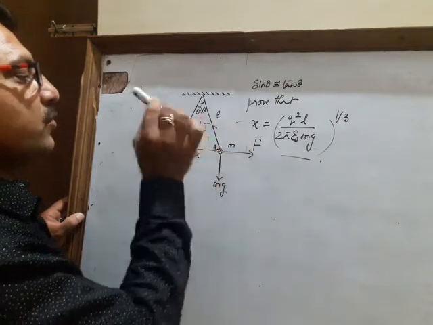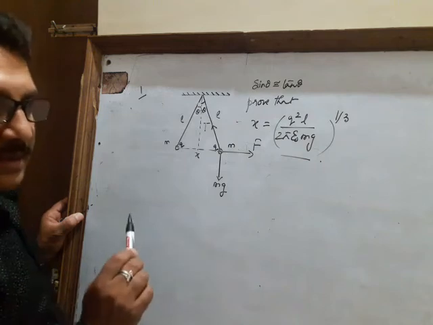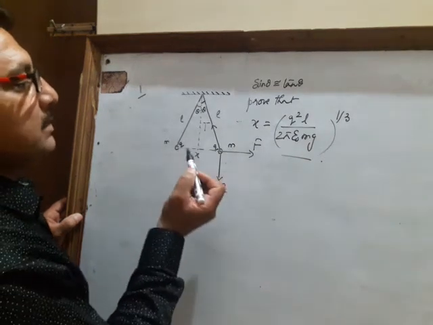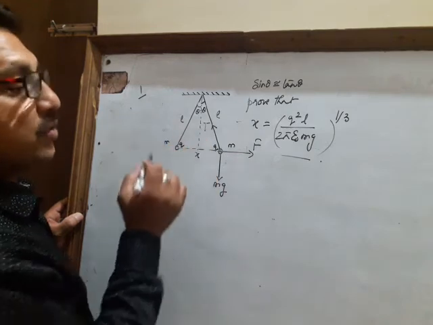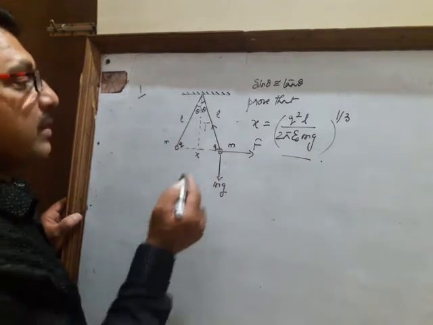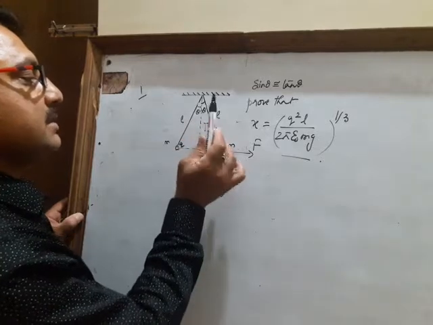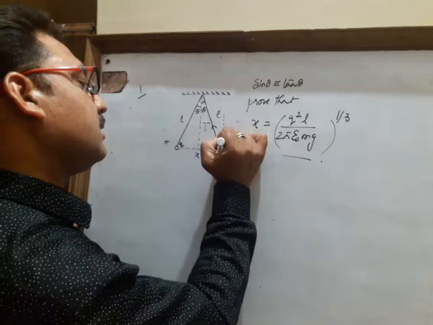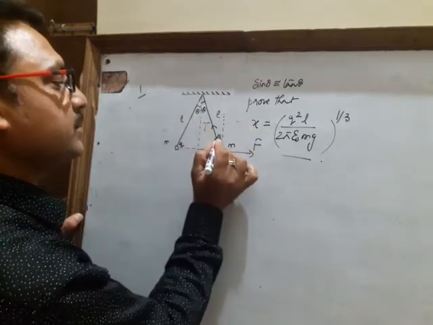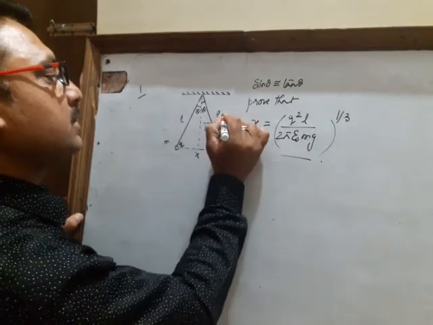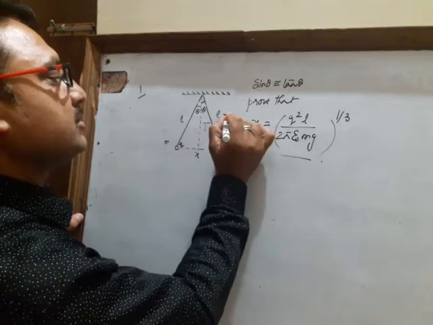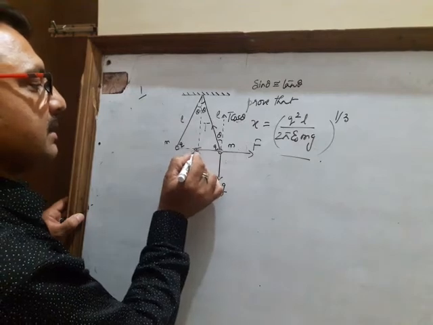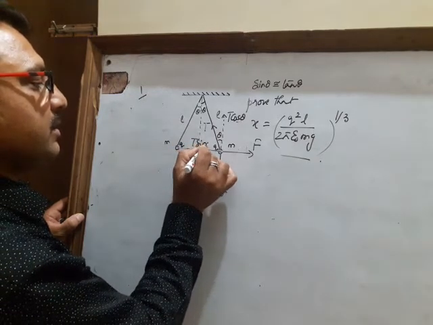So these three forces are there in the system, and we have to see which force requires resolving. This tension is angular, so we resolve this tension. This is theta, so this becomes theta. One component of this tension is T cos theta this way, and second is T sin theta this way.